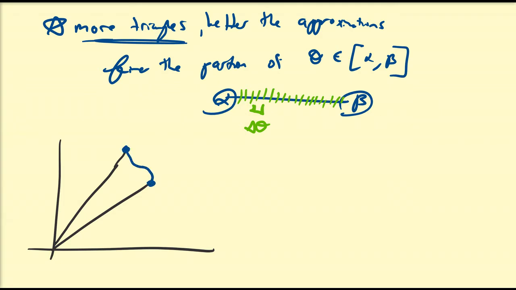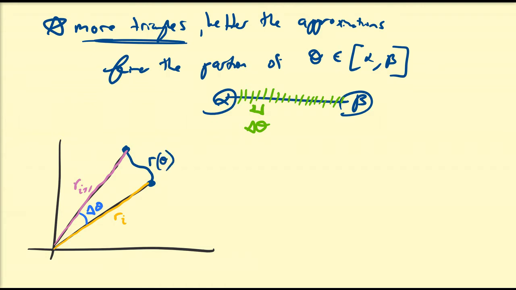This angle here is going to be my delta theta. This length here I'm going to call Ri, and this length here I'm going to call Ri plus 1. And this, of course, is my curve r of theta.